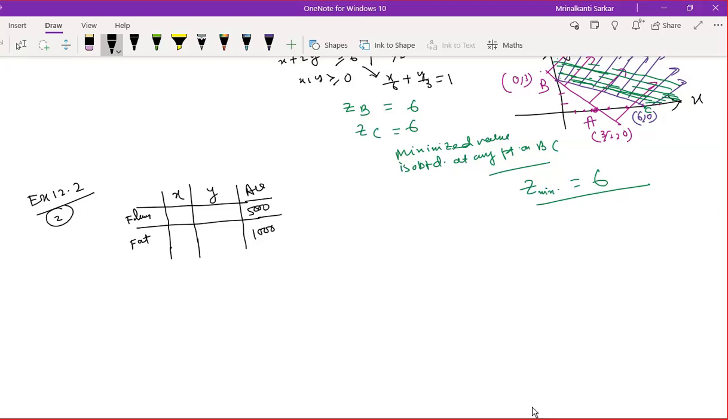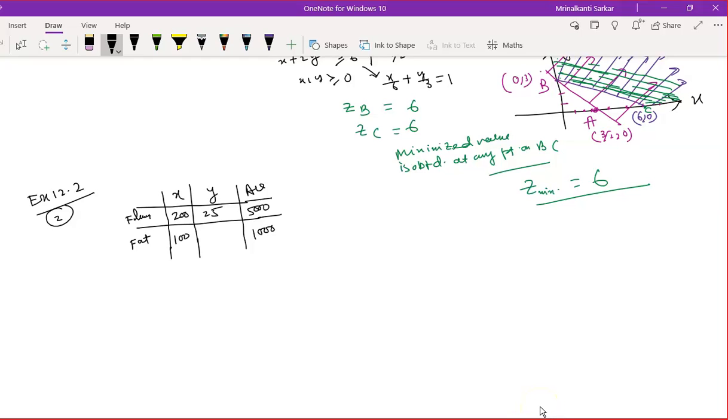The first kind requires 200 grams of flour and 25 grams of fat. And this one requires 100 grams of flour. Sorry, wait a minute: flour required is 200 and 100.